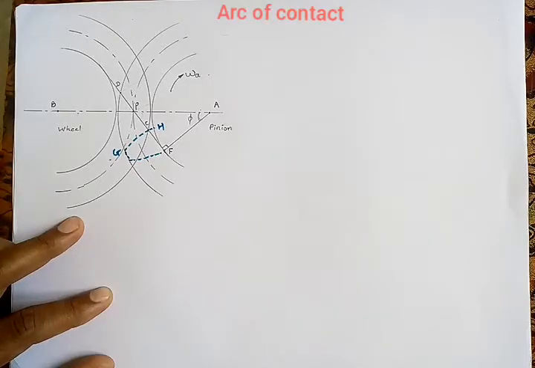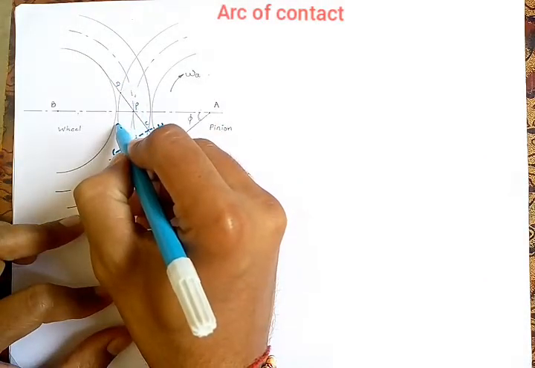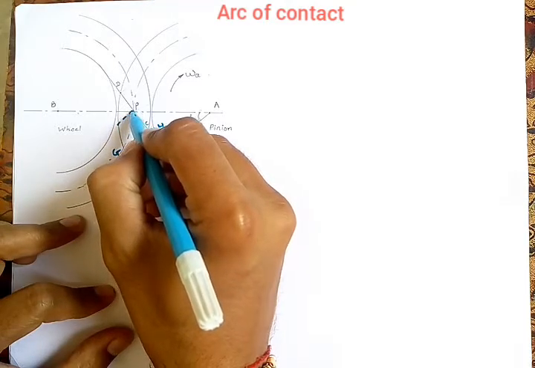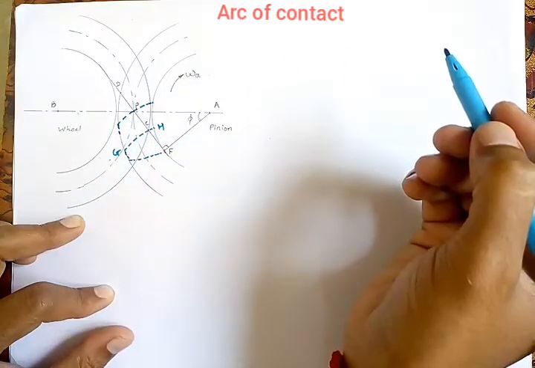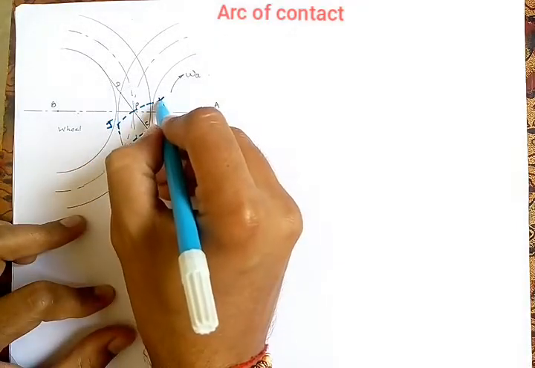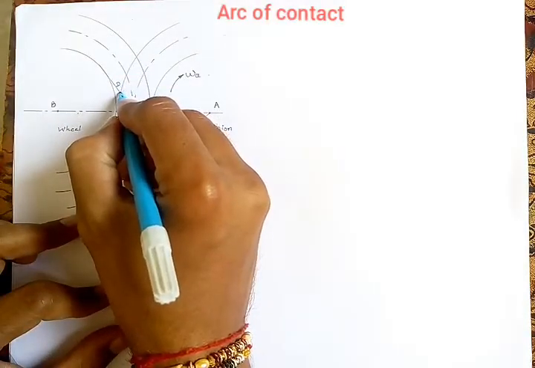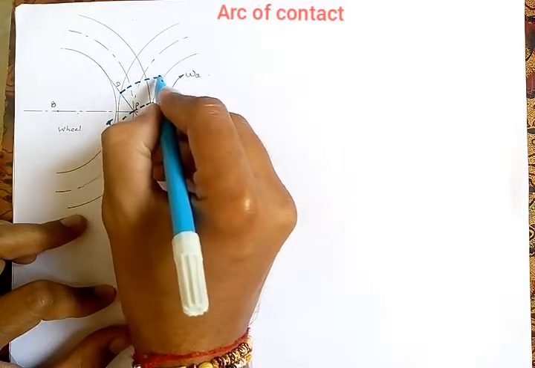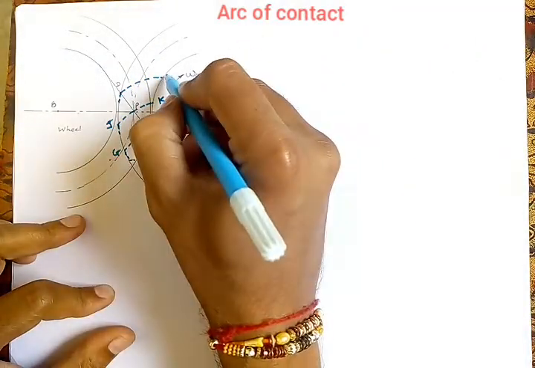Now the same profile, when it moves to the pitch point, the position of this profile is as shown, and the involute at that instant is shown by JK. When the contact between two tooth profiles breaks, let the profile be shown like this, and we are going to name it as DL.